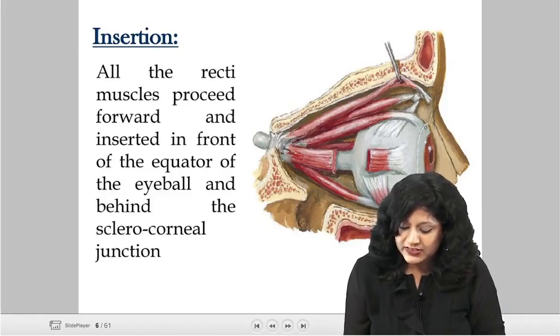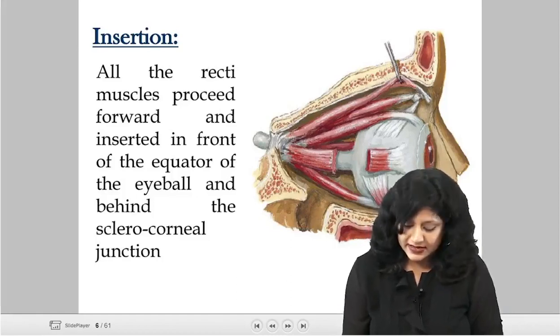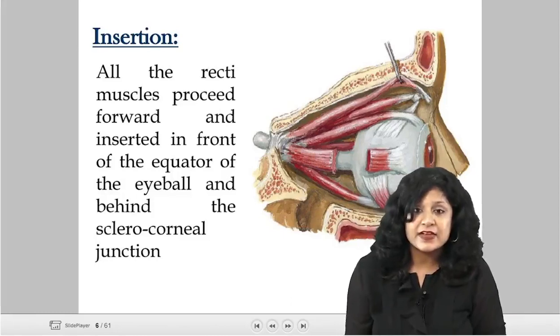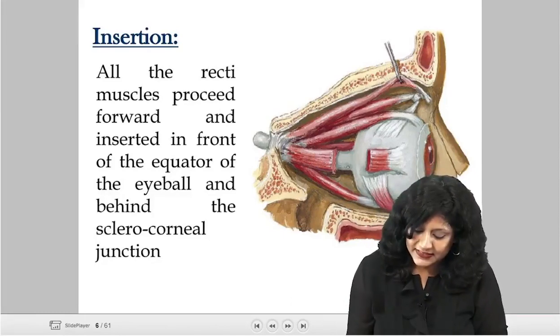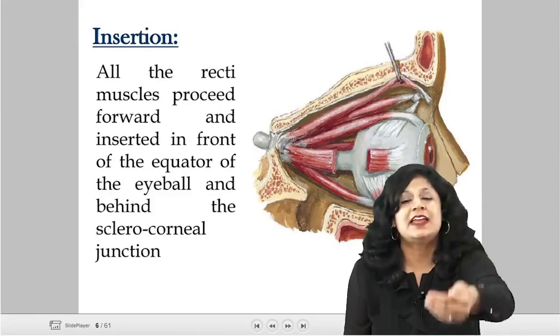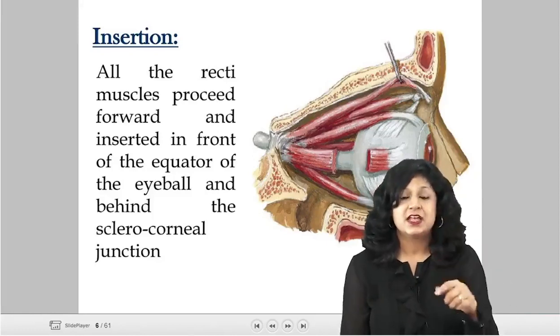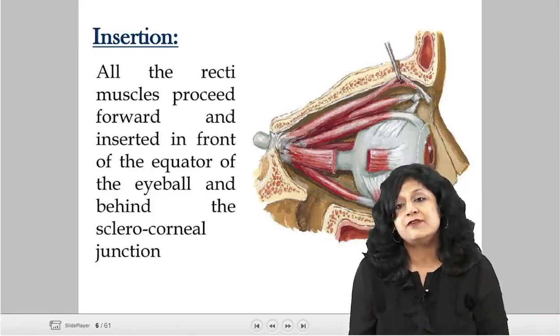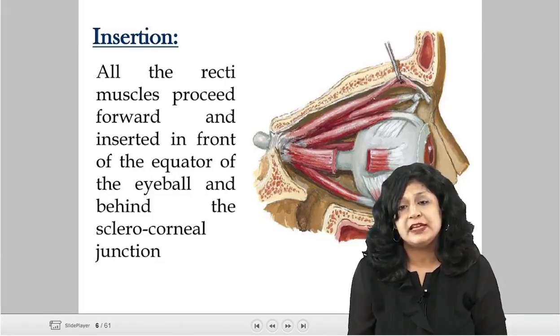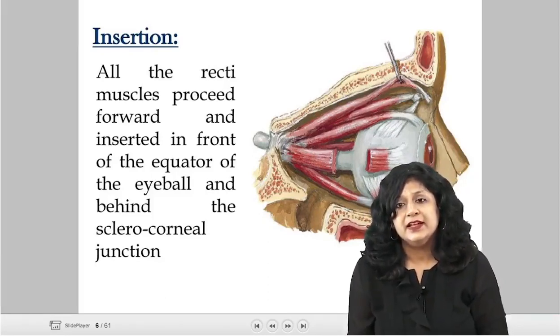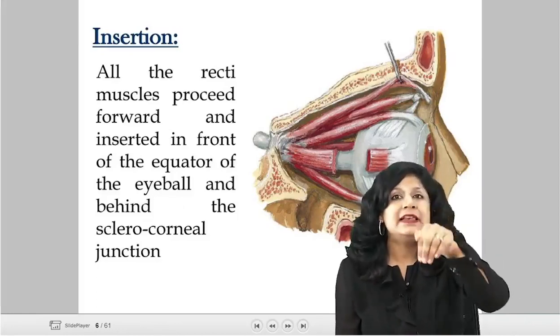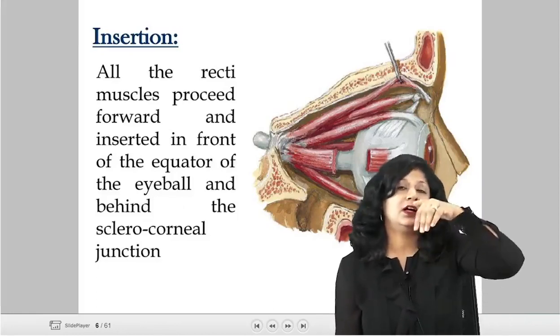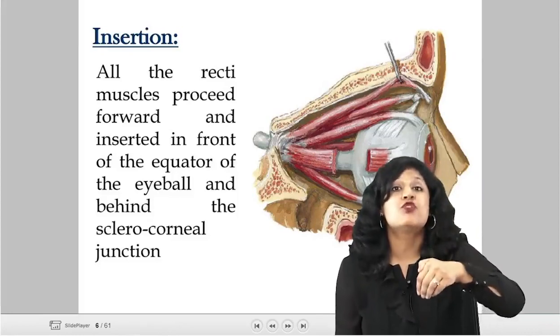Superiorly, we have this superior rectus. Inferiorly, we have this inferior rectus. Medially, the medial rectus, and on that side parallelly you will have the lateral rectus. Now, don't get confused with this muscle which is going through a pulley. This is your pulley, because this is an oblique muscle which is passing through this pulley, the trochlea.